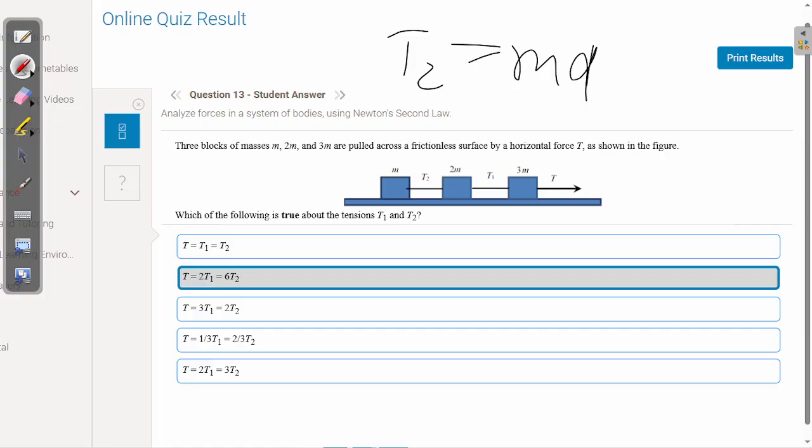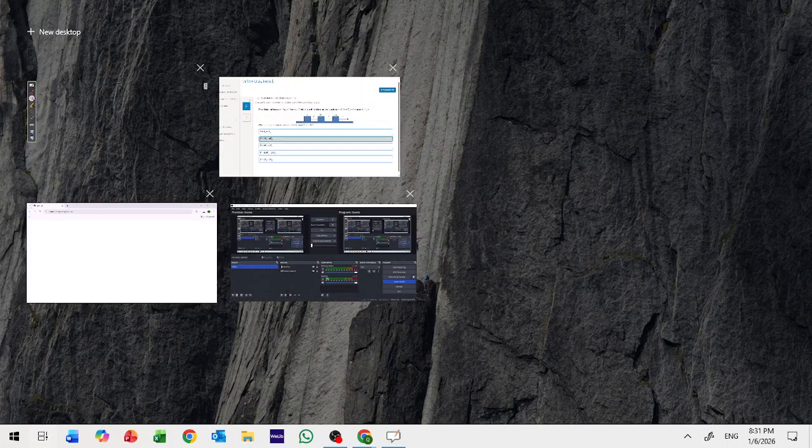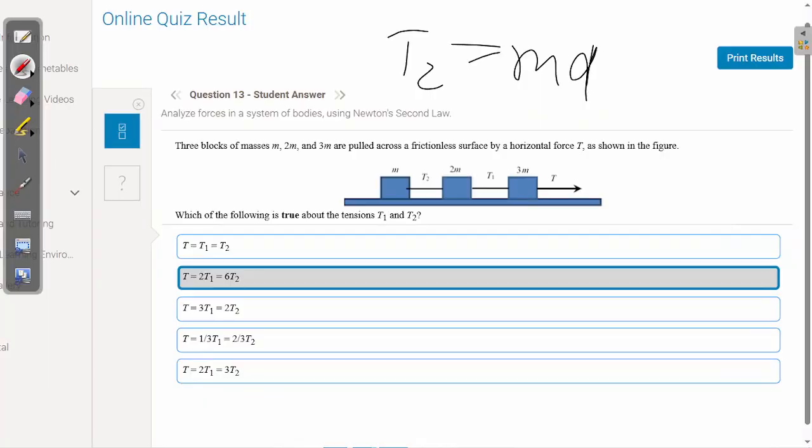So that's the only thing here, so we move on to the next one. You'll have, since it's moving this way, it's gonna be T1 minus T2 equals to MA, and we know T2 is MA, so we can substitute it here.